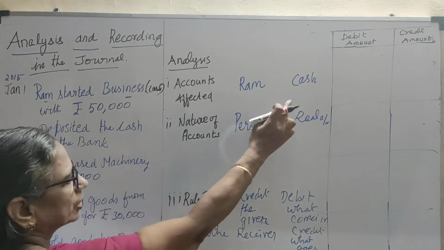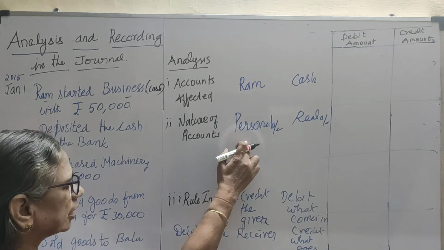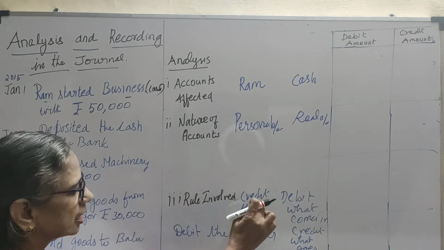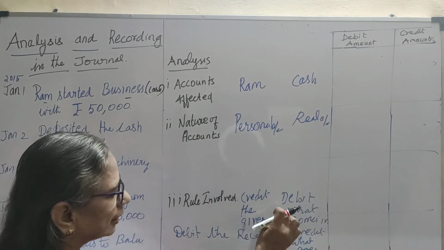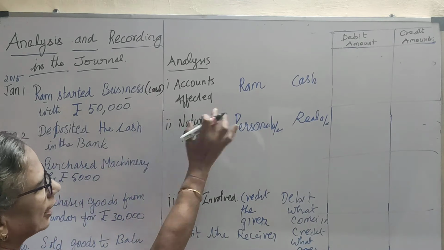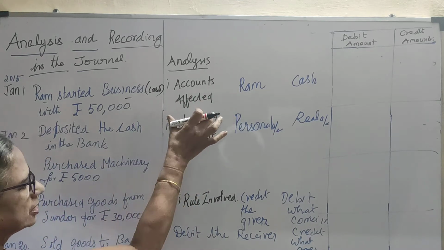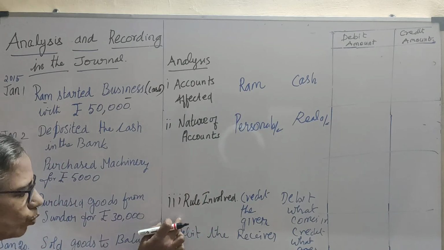Ram is a personal account, cash is a real account. What is the rule involved? In the personal account, the rule says credit the giver, debit the receiver. Here in the real account, debit what comes in, credit what goes out. Now we have analyzed this transaction in this format: the accounts affected, nature of the accounts and rule involved.